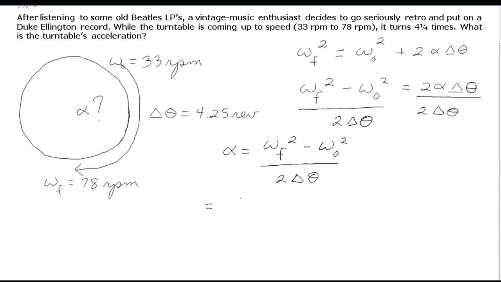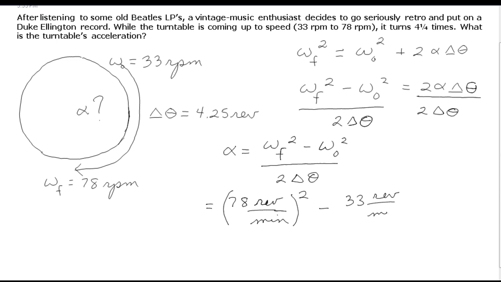Now I'm ready to start filling in the information from the problem. For omega final, we have 78 RPM. At the point when you're starting to fill in the information in an equation, I recommend that you always put any fractional units written vertically instead of horizontally. So I'm going to call this 78 revolutions over minute, and since it needs to be squared, I'm going to show it squared. Then I have my subtraction, and then the starting angular velocity, which is 33 RPM.